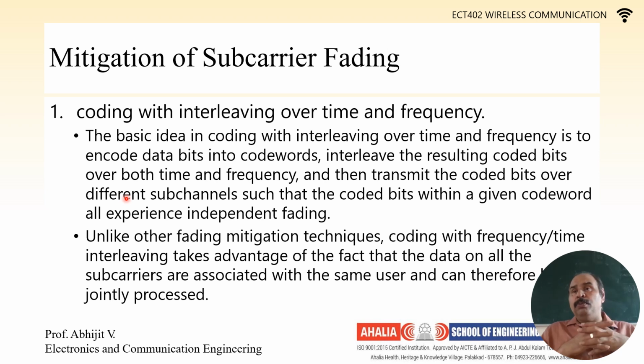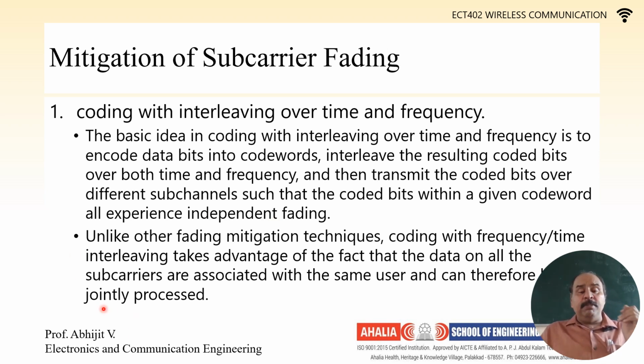How are we going to reduce flat fading by coding with interleaving over time and frequency? The basic idea is to encode data bits into code words, interleave the resulting coded bits over both time and frequency, and then transmit the coded bits over different subchannels such that the coded bits within a given code word all experience independent fading.